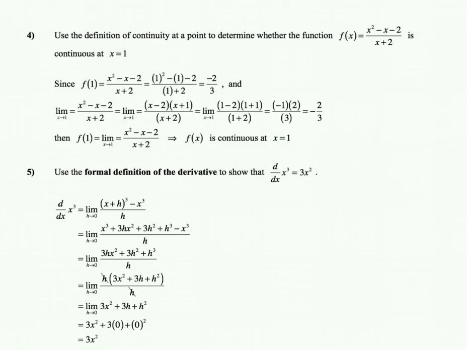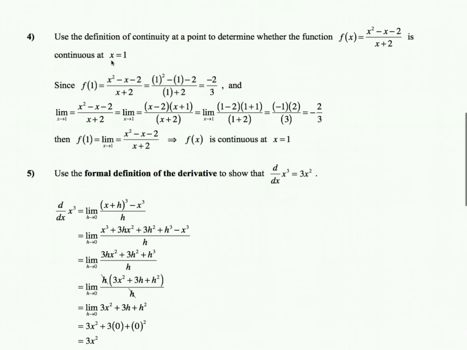Alright, in question 4, we are going to use the formal definition of continuity at a point to determine whether a function is continuous at a particular value of x. In this case, it's another rational function, and we're trying to decide if it's continuous at x equals 1.